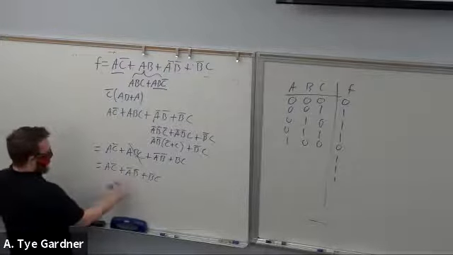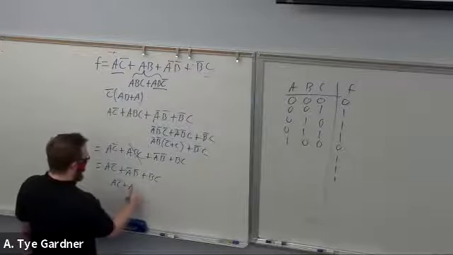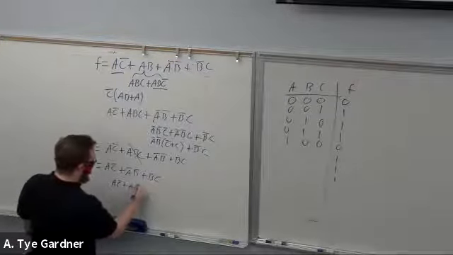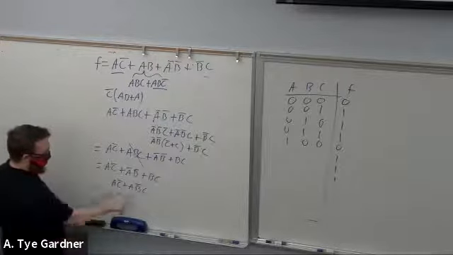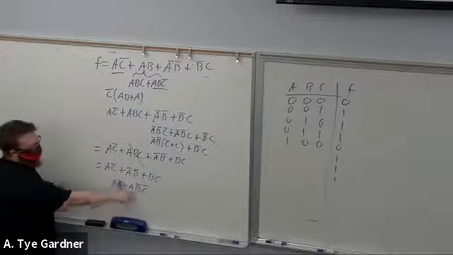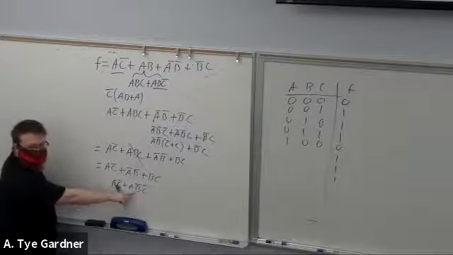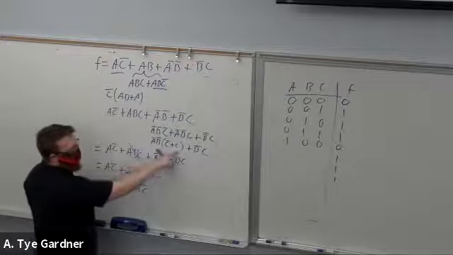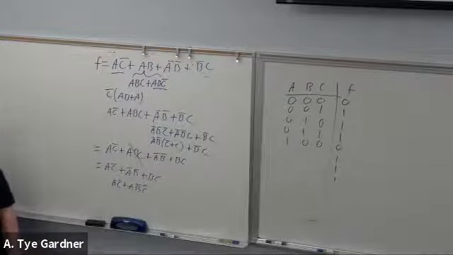So really, if I have AC bar or A B C bar, I can just add that one in because B bar, C bar. I can just add that because it's redundant with this guy. If this is true, that's also true. I don't necessarily have to do that multiplication and get two terms if I don't need it, as long as I hold to redundancy.